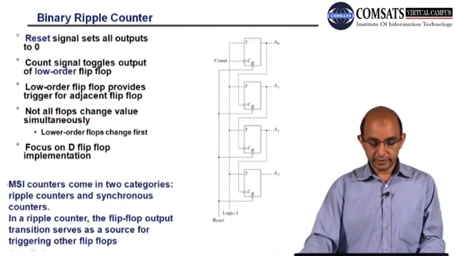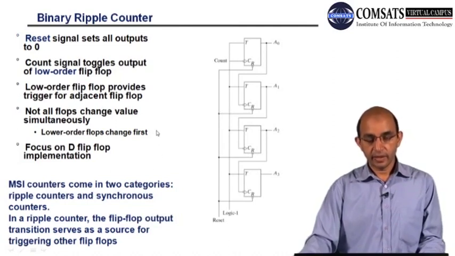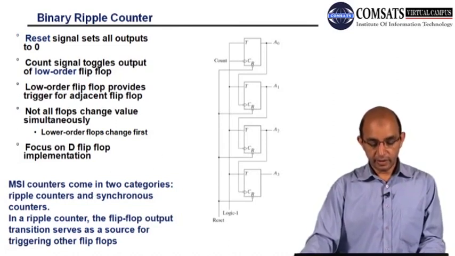If you want to know, the medium scale integration counters, the integrated counters, are normally of two types: ripple counters and synchronous counters. We have discussed the ripple counters, where we used T flip-flops.